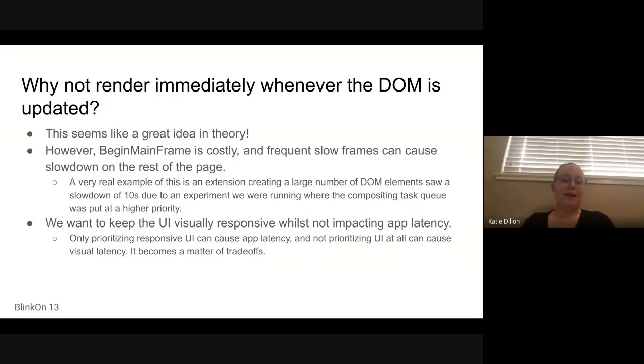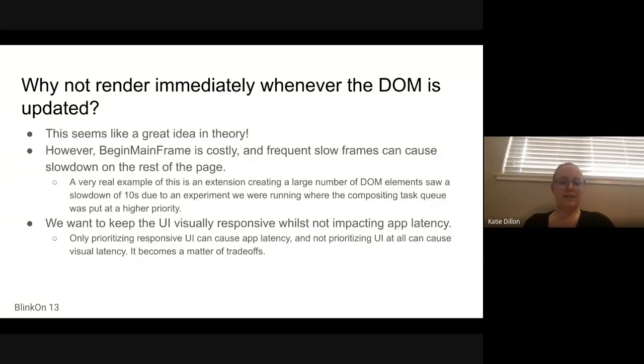And we got a complaint that we slowed someone's extension down by 10 seconds because we were running rendering every step of the way. They had a lot of script that was modifying the DOM, chunked up. And so we were trying to render in between each of those scripts. And this caused actual delay.